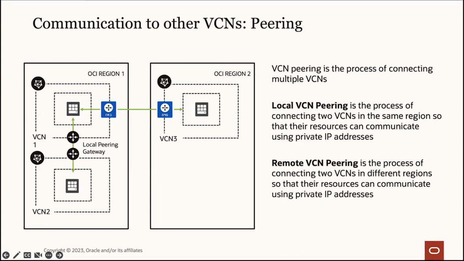But if you don't have the upgraded DRG, you will need to use a local peering gateway and attach it to each VCN. And then our second type is remote VCN peering. This is when you're talking to VCNs in a different region. For this type of peering, you can just use your DRG and have them talk to each other.